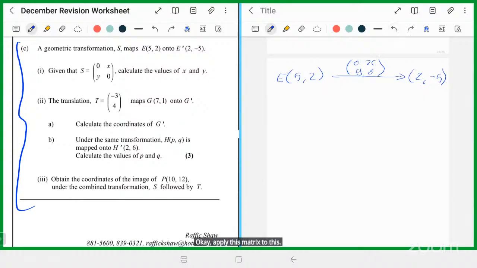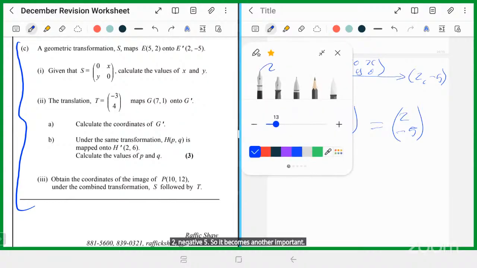So it's going to be (0 x; y 0) times this matrix. The matrix for that vector is 5, 2. And the matrix for that point is equal to this point, which is 2, negative 5. So it becomes just another equality of matrices, right? So we can literally set it up now.